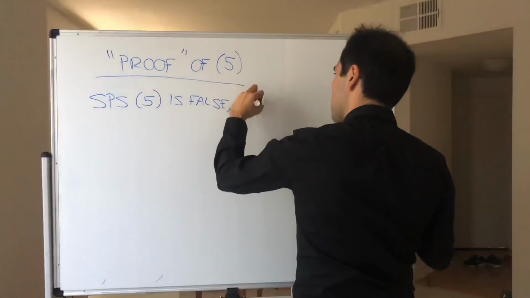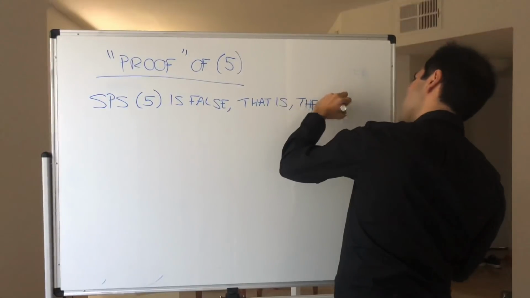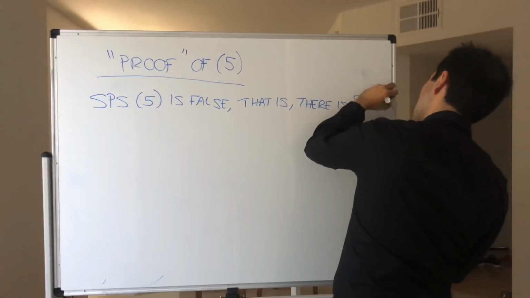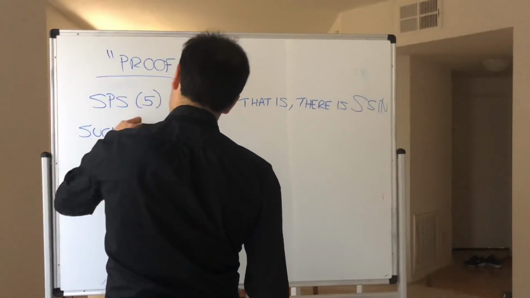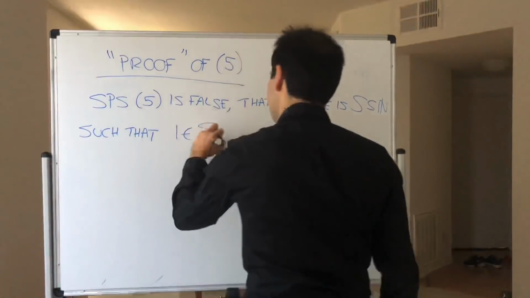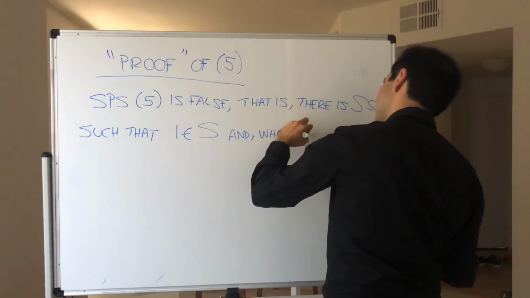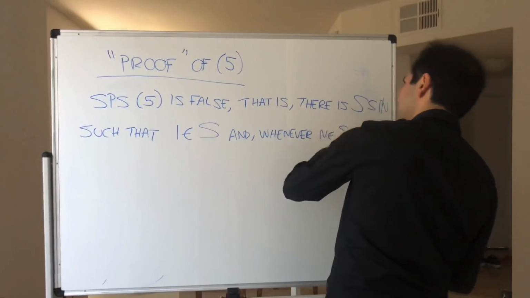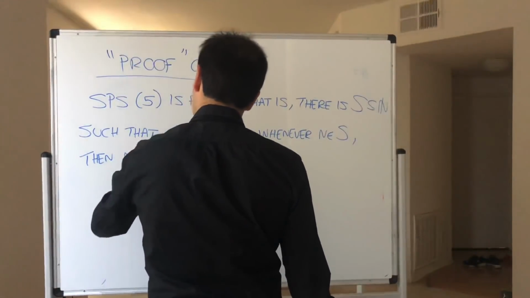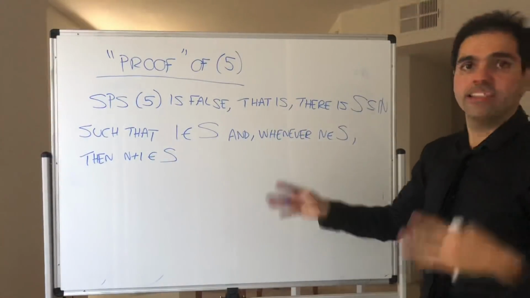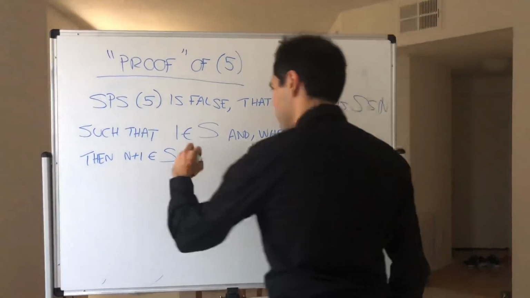That is, there is a subset S of N such that first of all, 1 is in S, and whenever n is in S, then its successor is in S. So suppose there is such a set with the 2 nice properties, but that set is not all of the natural numbers.